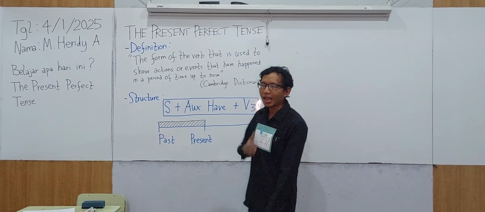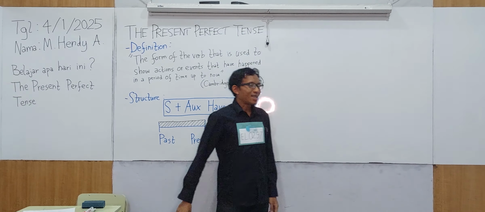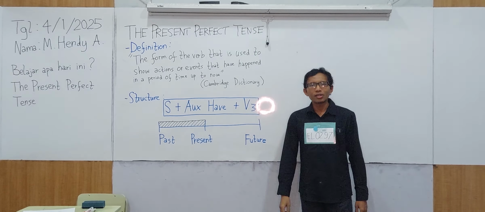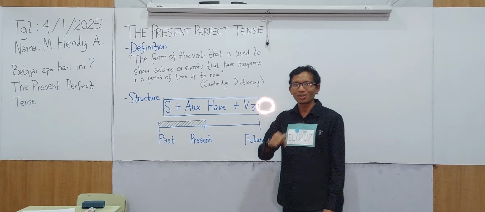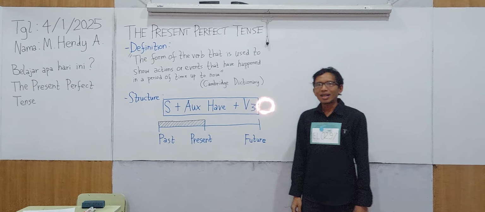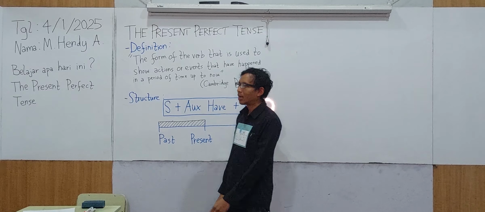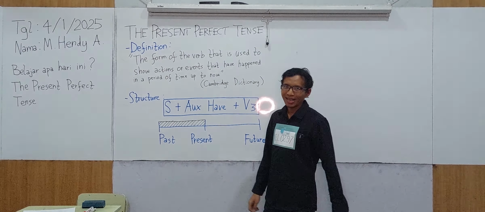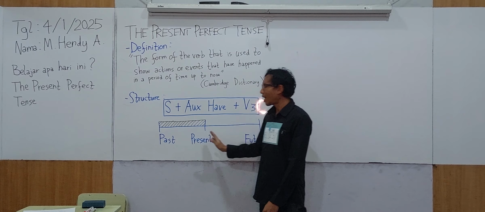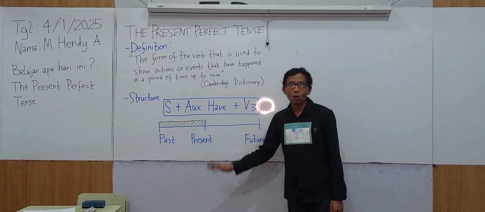Let's say I had a student named Alex. Yesterday, I gave him homework to do and asked him to submit it to me the next day, meaning today. So after going home from school, Alex did his homework. Now, what he did, i.e. his homework, has the connection to the present. Why?